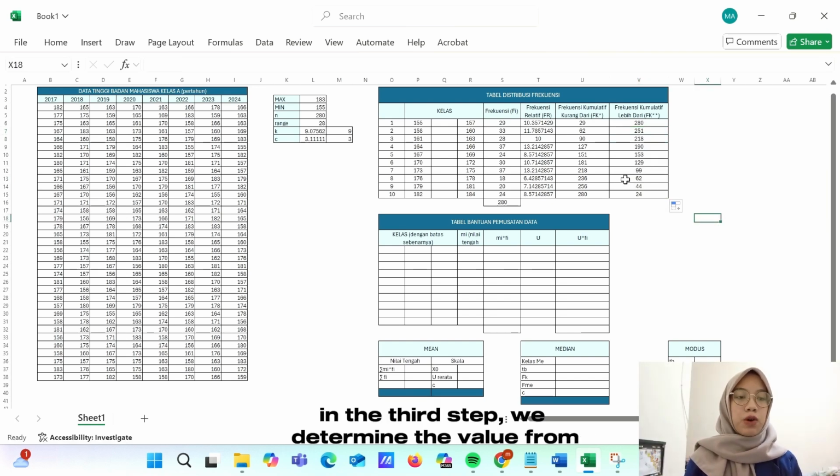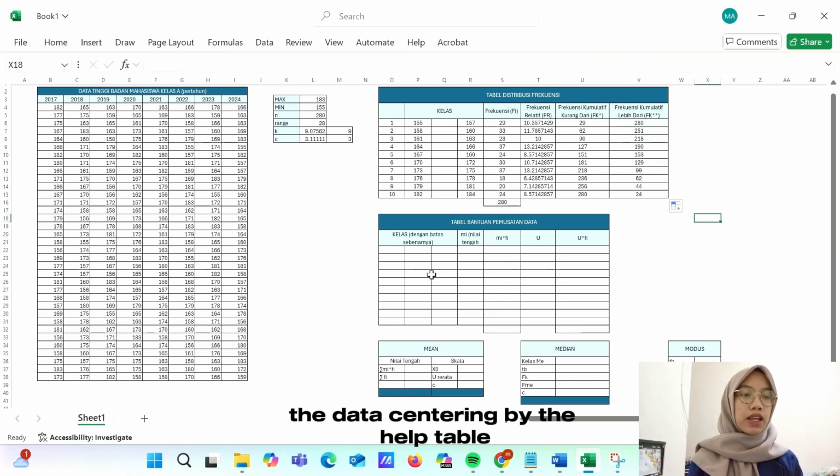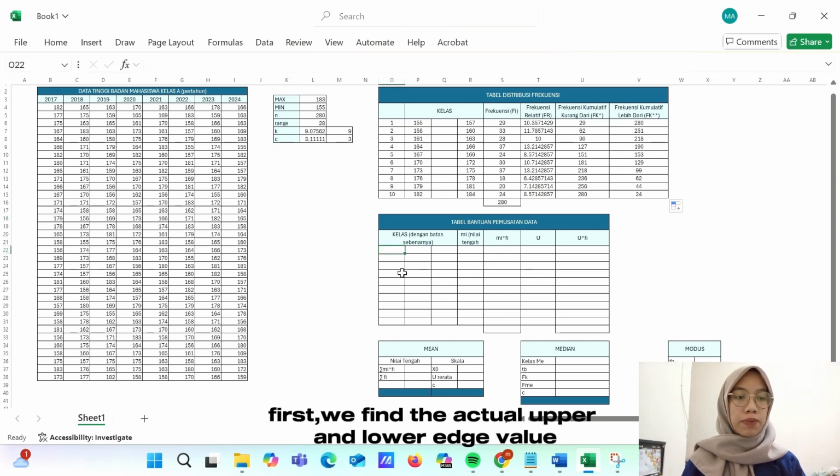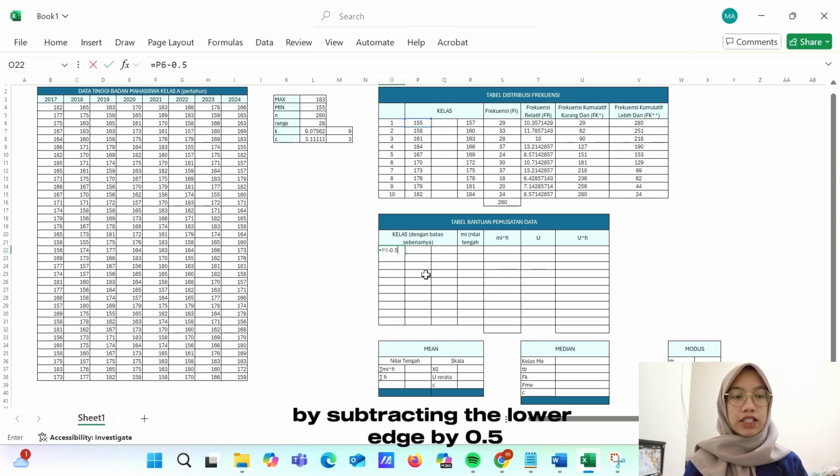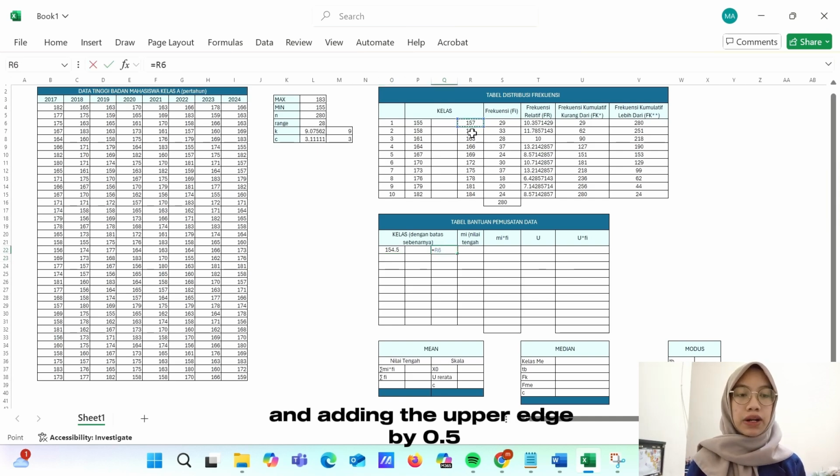In the third step, we determine the values for the data centering help tab. First, we find the actual lower and upper edge values by subtracting 0.5 from the lower edge and adding 0.5 to the upper edge.